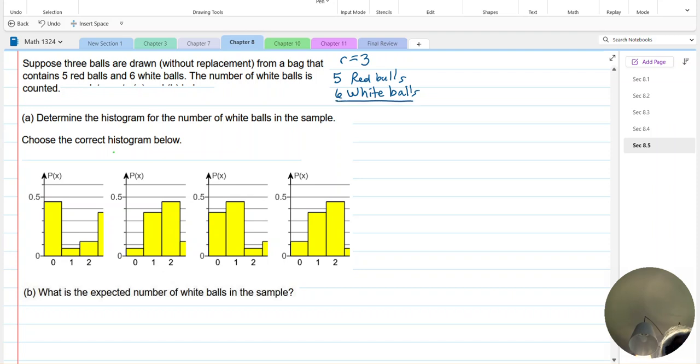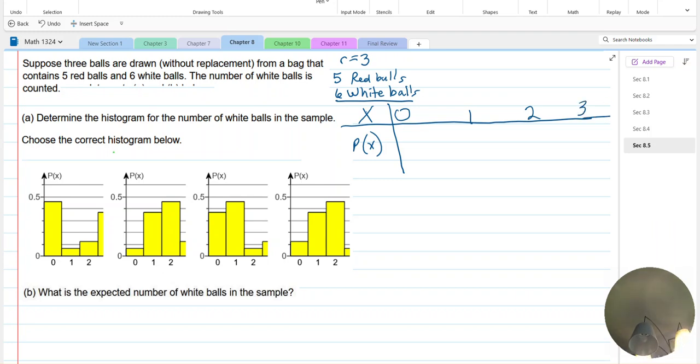So we're looking at the white balls. We want to determine the histogram of the white balls, and we're talking 3. So we're going to do our random variable x and then our p of x, because the histogram is done in that context. We can have 0 white balls, 1 white ball, 2 white balls, or the 3.